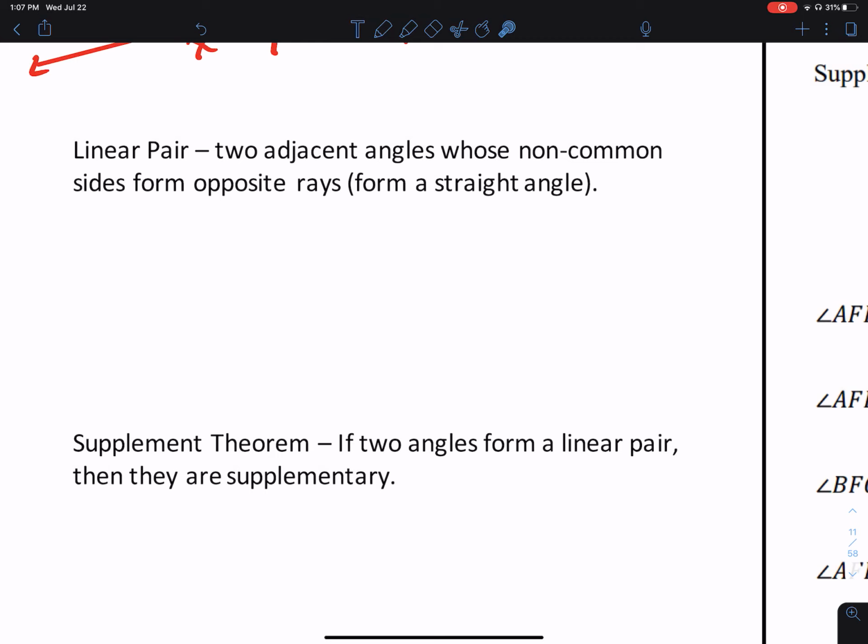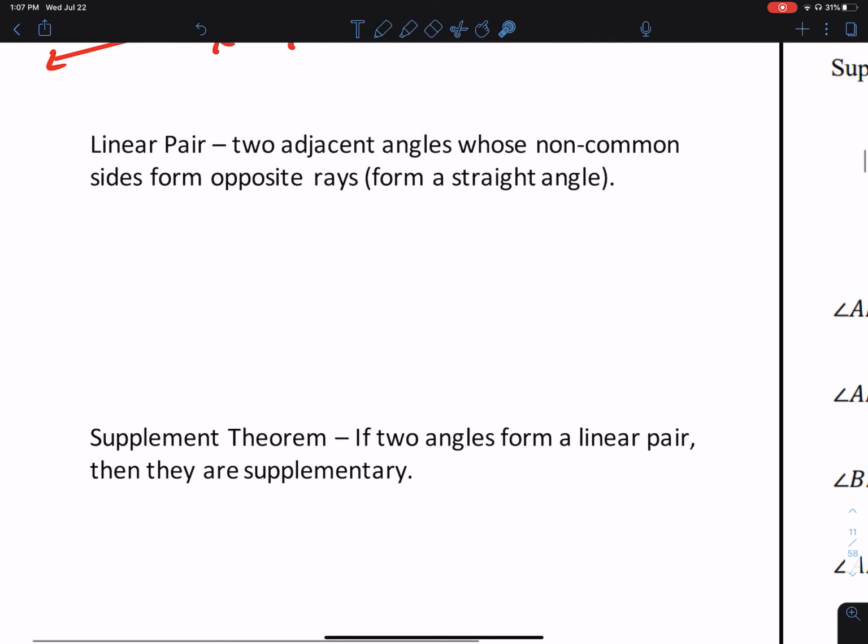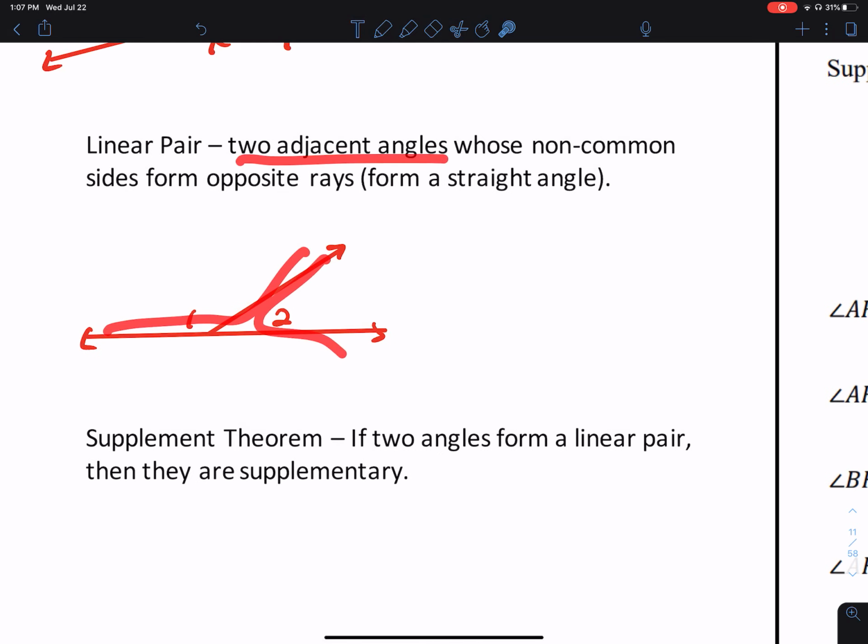Linear pair. Two adjacent angles whose non-common sides form opposite rays, which is a straight angle. So two adjacent angles, angle 1 and angle 2 are adjacent, whose non-common sides, this is a non-common side, this is a non-common side, form opposite rays, a line, if you will.